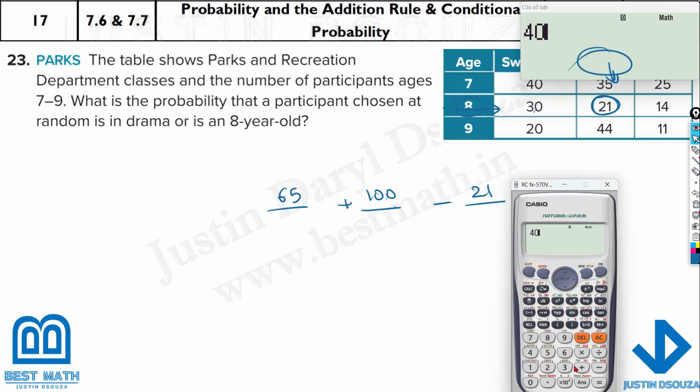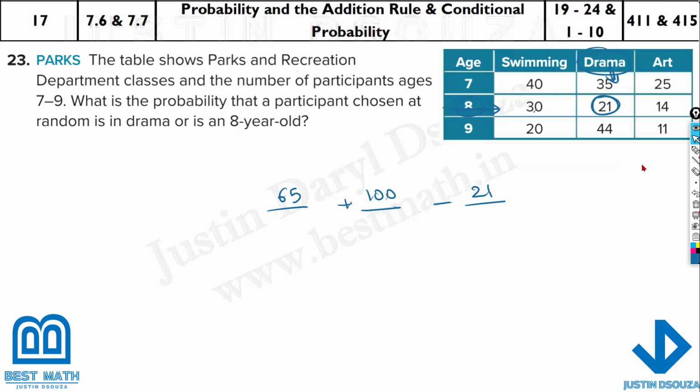Here we have 40 plus 35 plus 25 plus 30 plus 21 plus 14 added to 20, 44, and the last one is 11. So it's 240 of them.